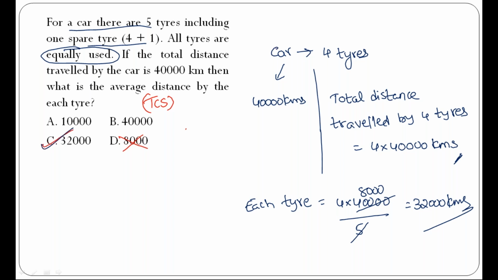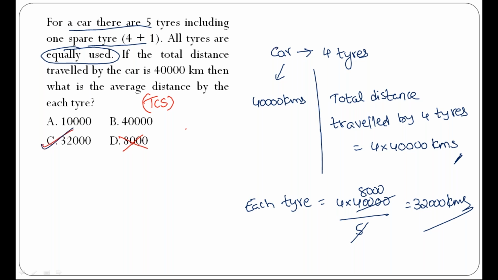Excellent, guys. So hope you understand that, right? A lot of people gave option D, but friends, in first view you may think the option is D. But if you analyze properly, the car is traveling with 4 tires at a time. If the car travels 40,000 kilometers, the total distance traveled by 4 tires is 4 into 40,000. So that's 1,60,000.